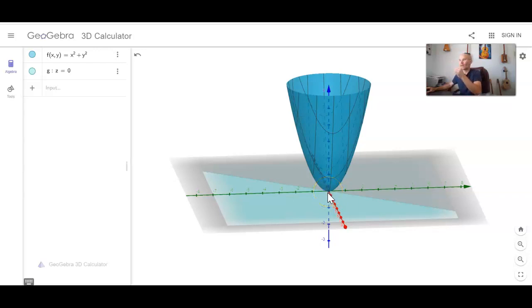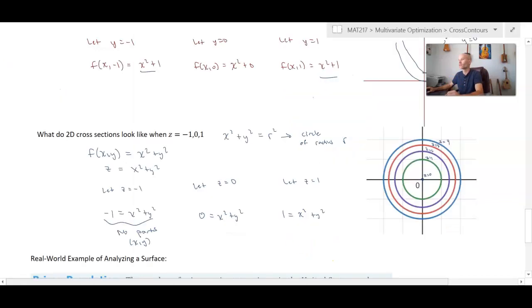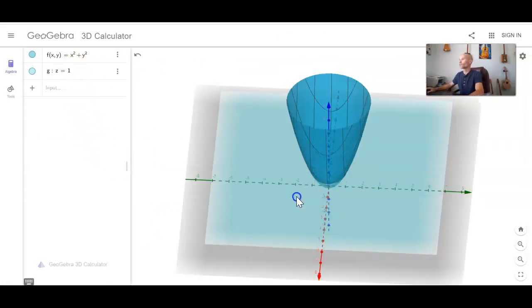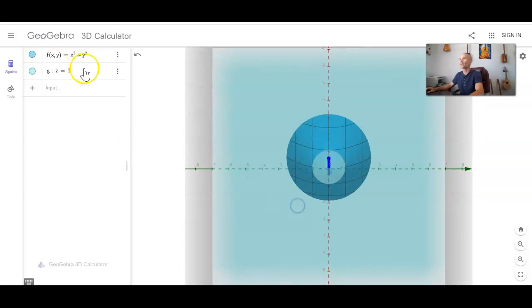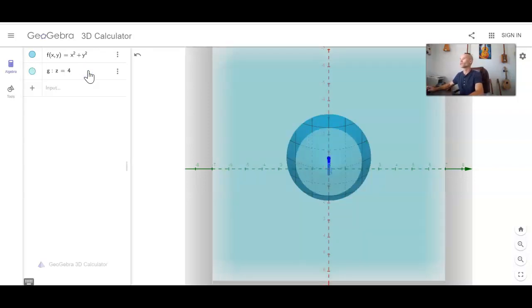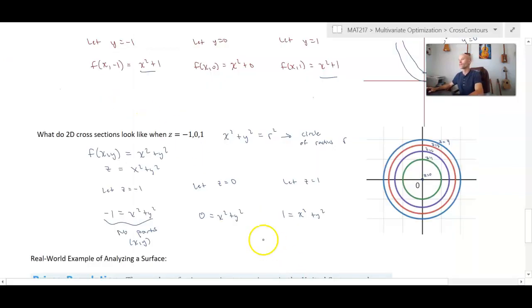And so it's just a point, as we see in our contour plot here, or our level surfaces plot. If I make z equal to 1, we get that circle of radius 1. Z equals 2, circle of radius 1.414, circle of radius 1.7, circle of radius 2.